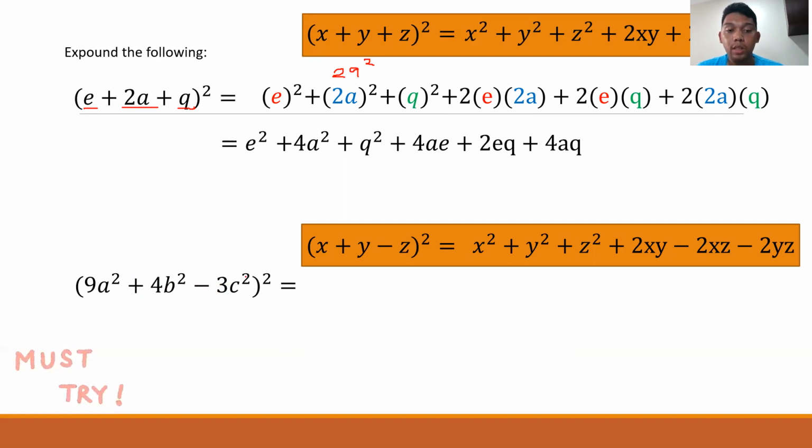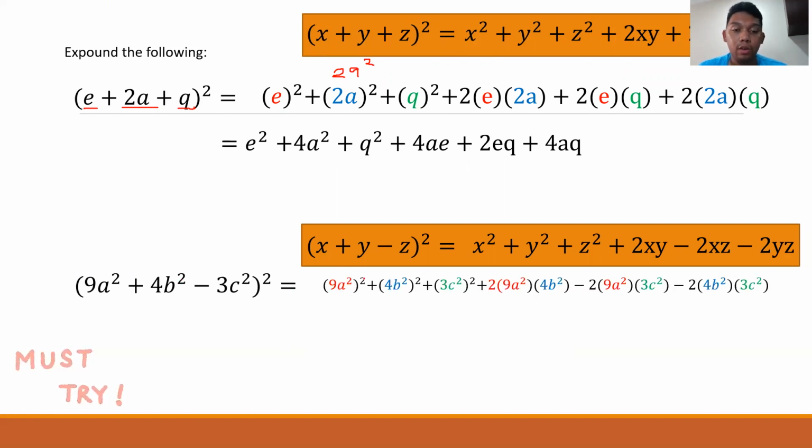Your z only is 3c squared. Why do we skip the negative symbol? Because the pattern already established the signs here. If you include the negative in the value of z, this sign here will change. We established it using the pattern here, so do not include the negative sign.